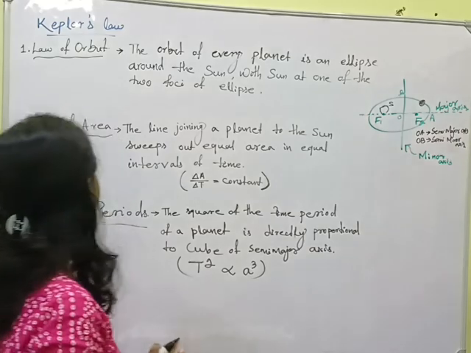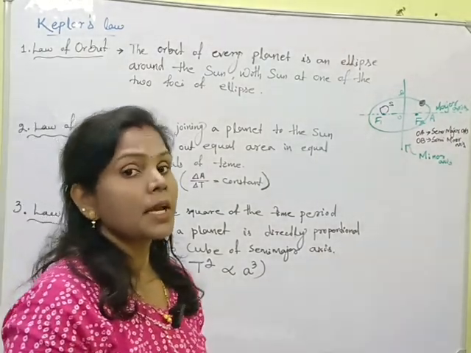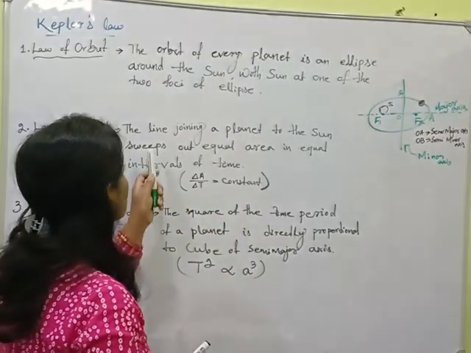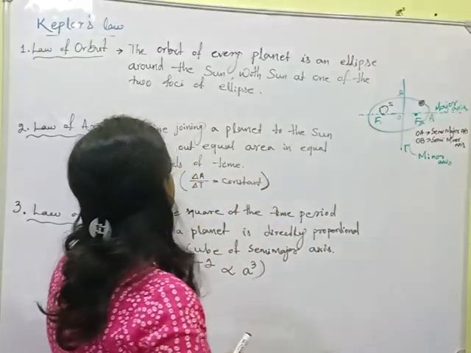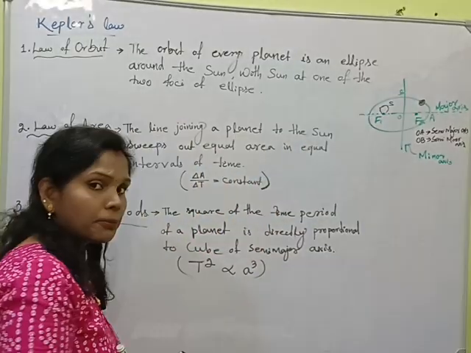Next is the law of area, or Kepler's second law. According to Kepler's second law, the line joining a planet to the Sun sweeps out equal areas in equal intervals of time.